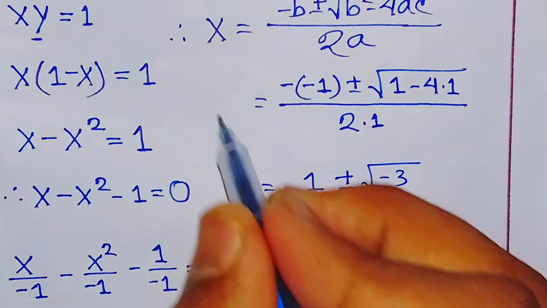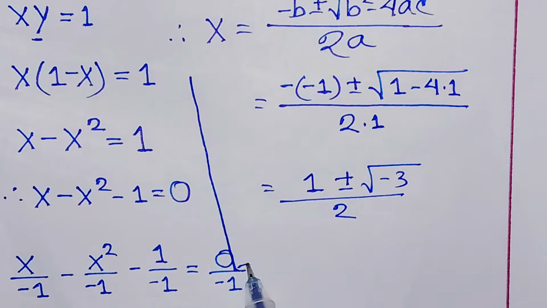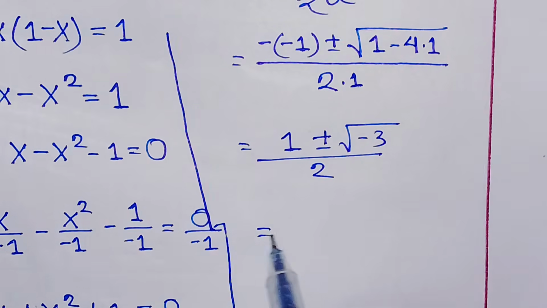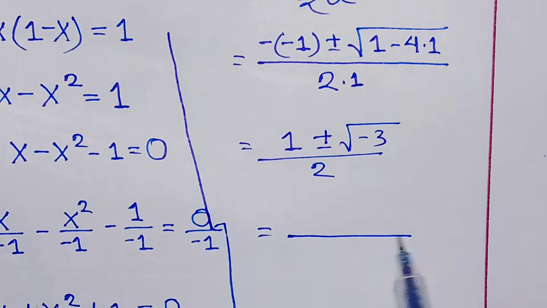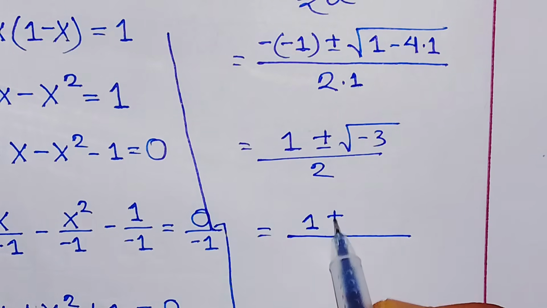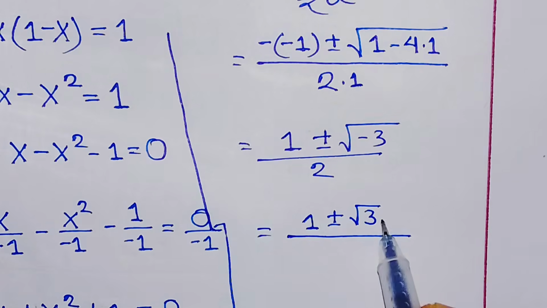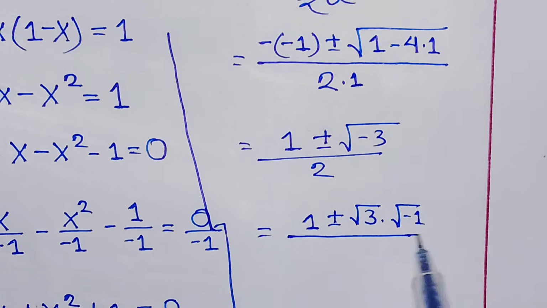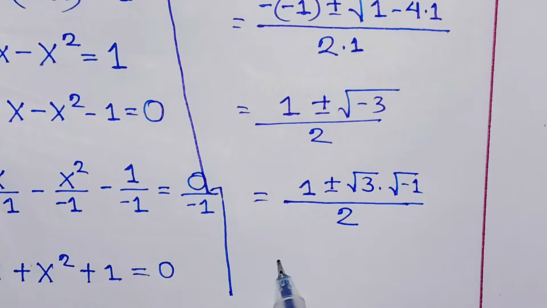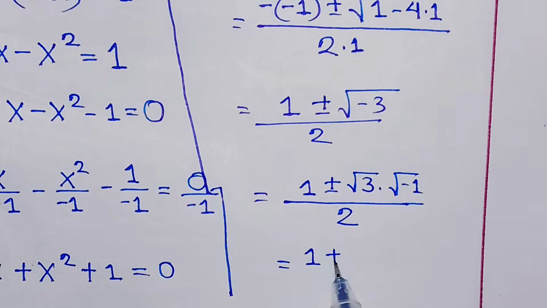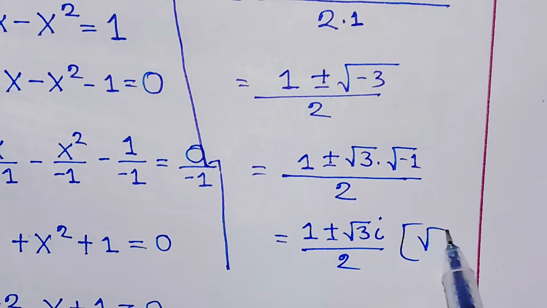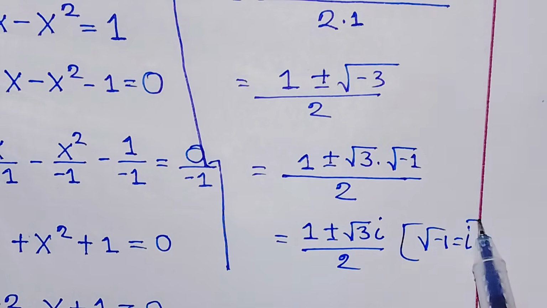Here we can write (1 ± √3 times √-1) / 2. We can write (1 ± √3 i) / 2, because we know √-1 is equal to i. This is a complex value.